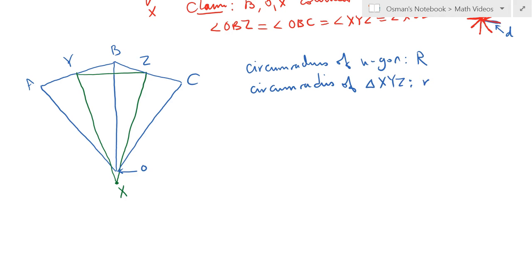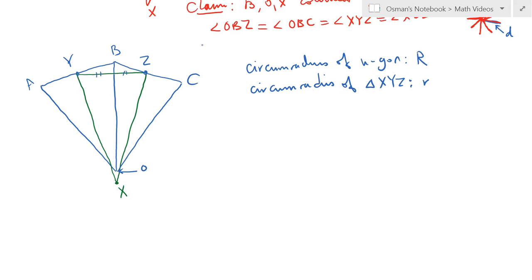As I said at the beginning, the shape is symmetric. Be careful, Y and Z are not the midpoints of AB and BC respectively. They are not. That would give you the wrong idea.